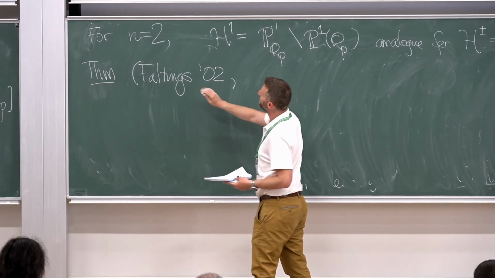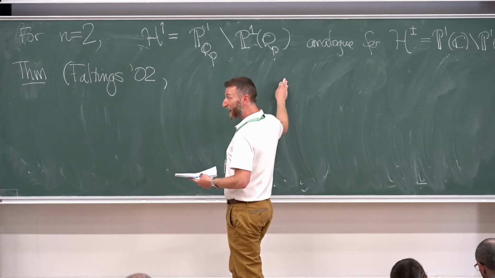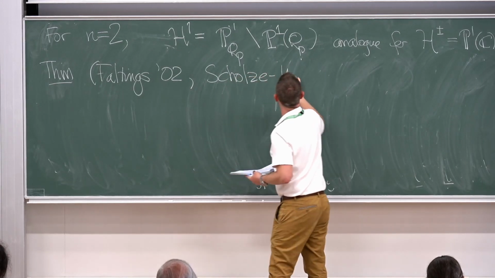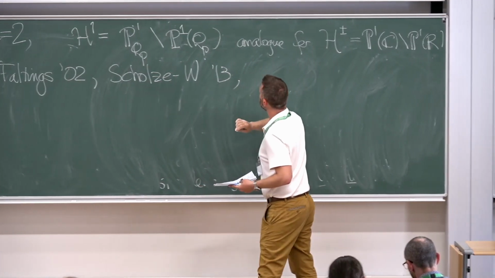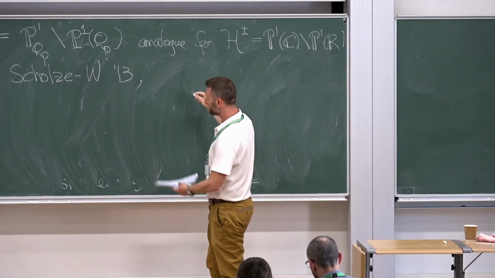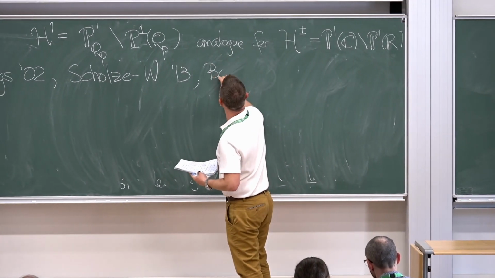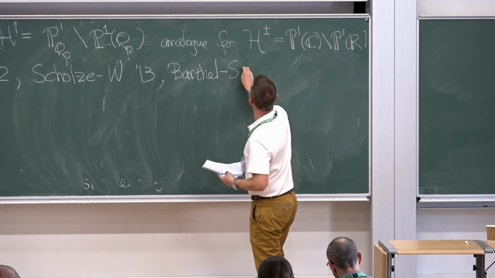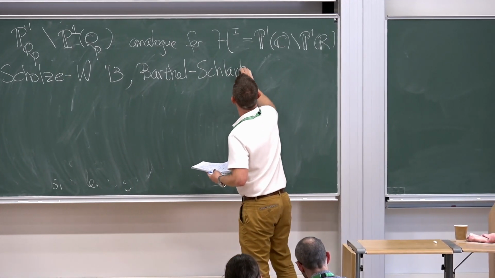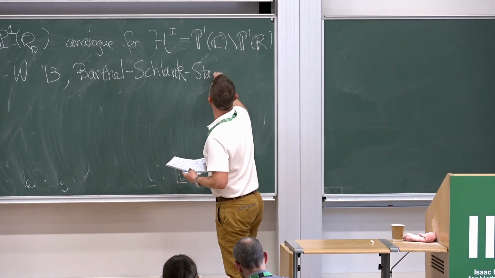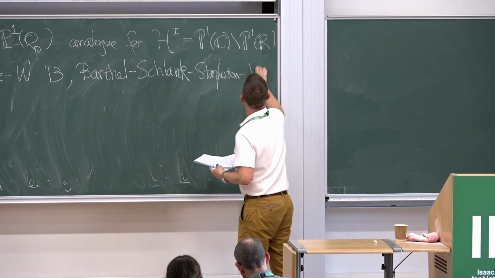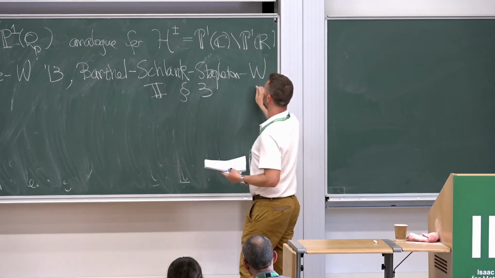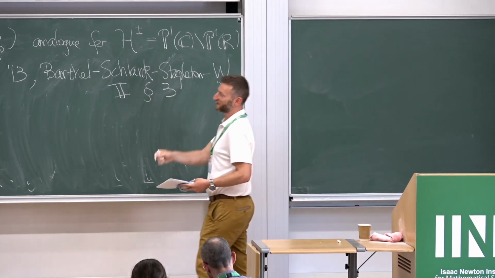For more explanation on how to translate Faltings' result into ours, I will refer you to my paper with Scholze about the moduli of p-divisible groups. And then in the present form, there's the paper by Bartel, Scholze, Stapleton, and myself, but the second paper, in the third chapter of that, has everything you might need about this.